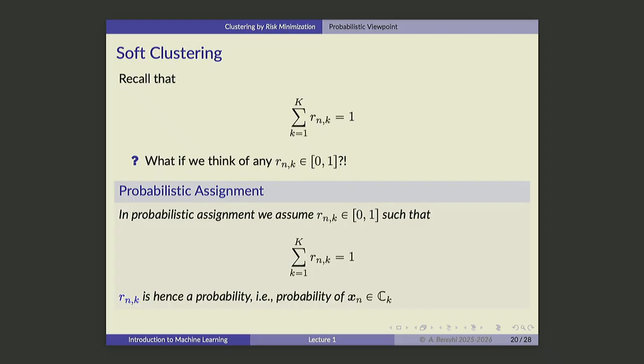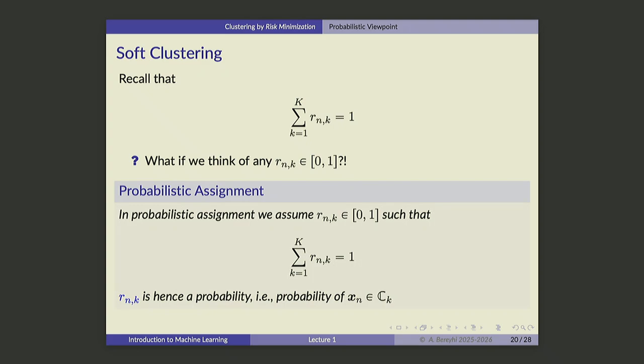Correct? If it belongs to cluster 2, I need to write down here mu2, right? Correct? Now, what is the chance of this happening?